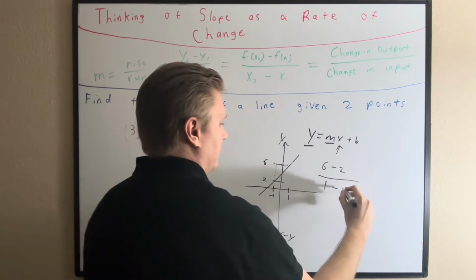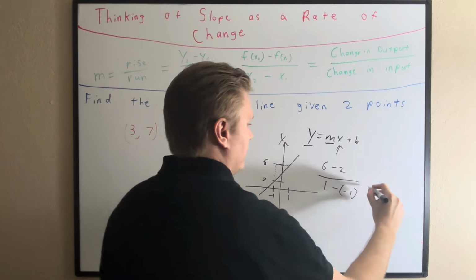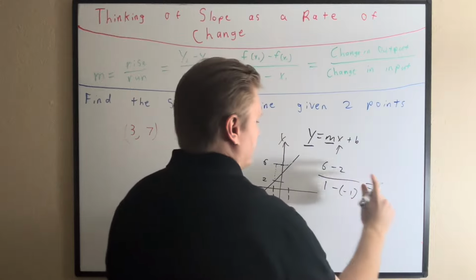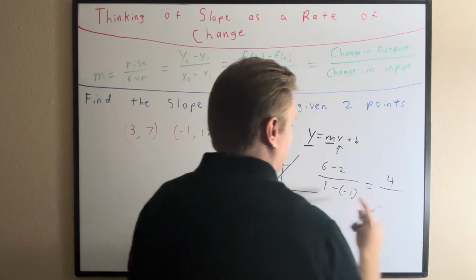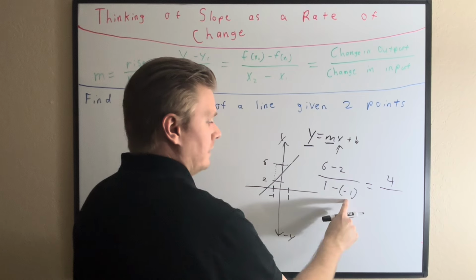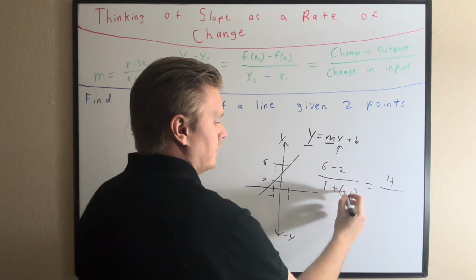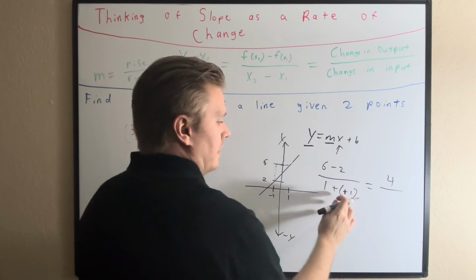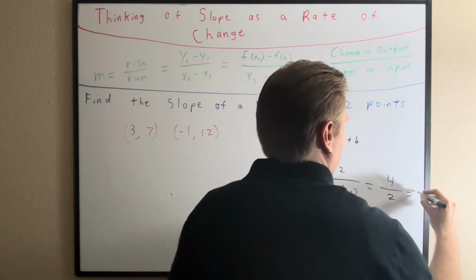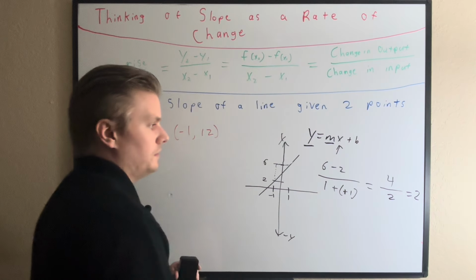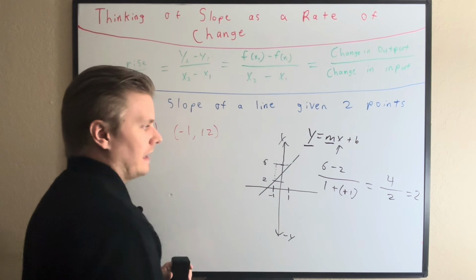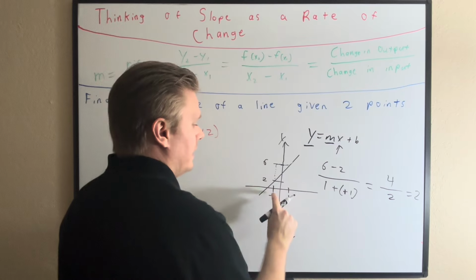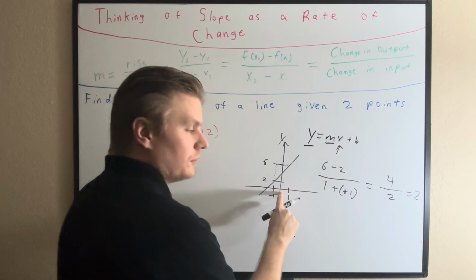So 1 minus -1. 6 minus 2 is what? 4. 1 minus -1 is actually 2, because you know the double-negative rule. Which means our slope is 2. So we're going up 2 every time we go over 1.